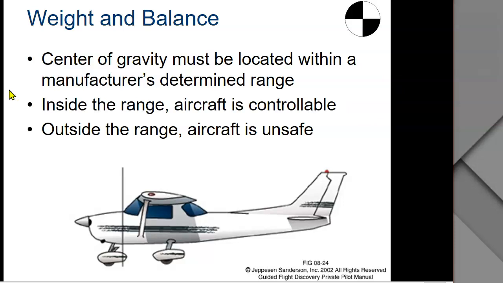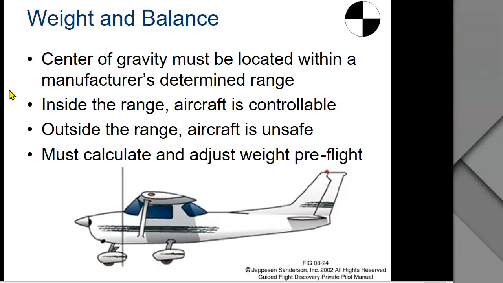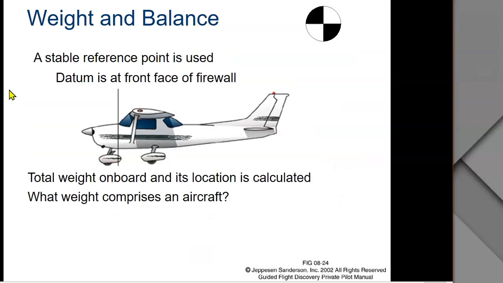If it's outside of that range, flying that aircraft becomes unsafe. So this is something that has to be determined before you fly. It's part of the pre-flight checklist. Pre-flight. Ugh.